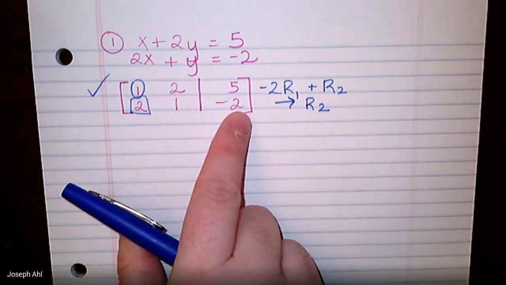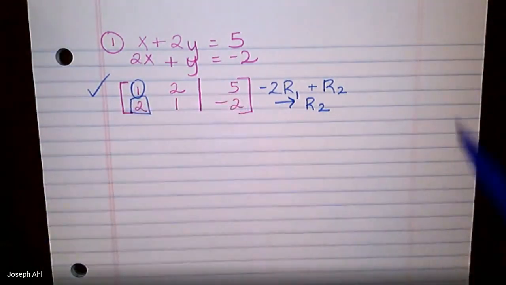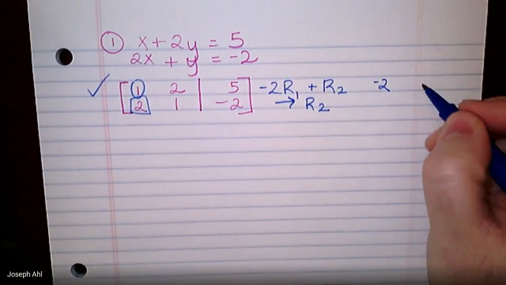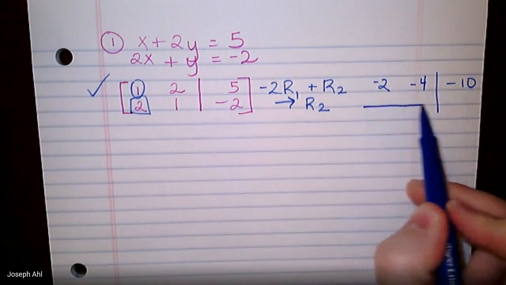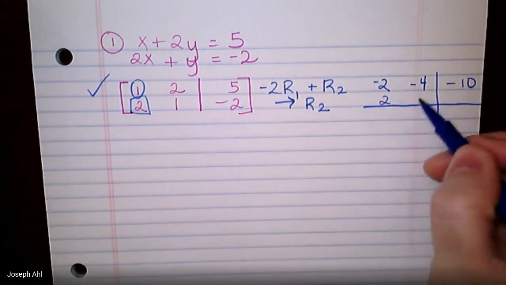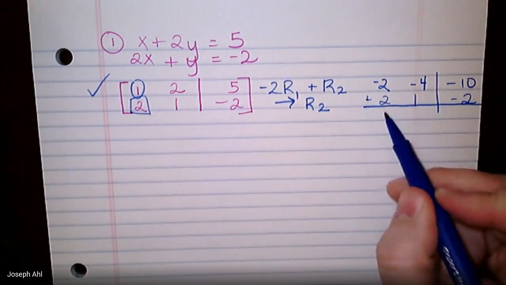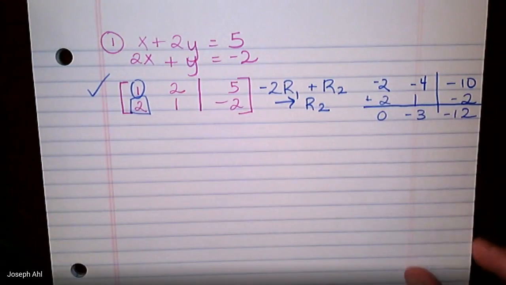Just for this first example to get started, I'm going to write down the work off to the side. So that top row times -2 is -2, -4, and -10. Keep the bottom row the same, 2, 1, -2. So we get, if I add vertically, 0, -3, and -12.